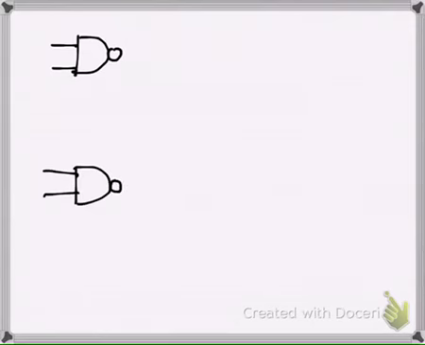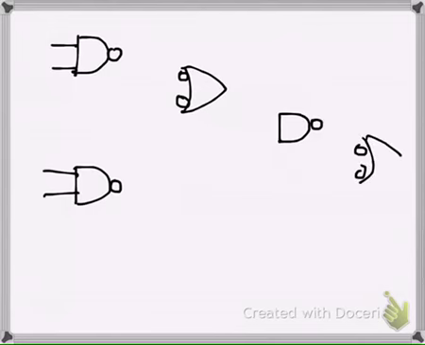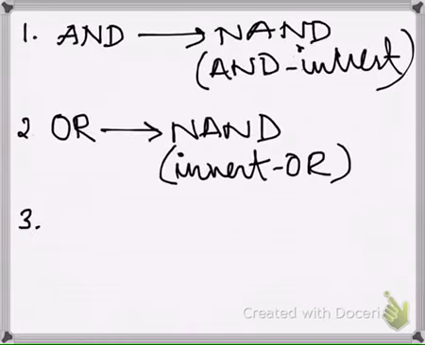All the OR gates will become invert OR format. Here also I have an AND gate, so I'm going to convert it into a NAND gate, and this would be an invert OR. Now what is the third step? Step number 3 is that we will check all the bubbles in the diagram.